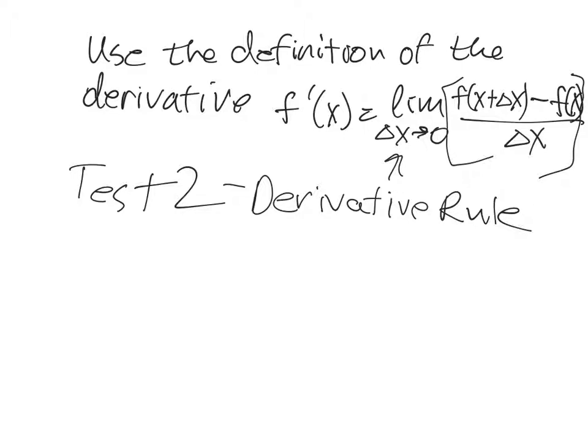Find the derivative of. Now, that could be using power rule, product rule, quotient rule, chain rule, all those different rules. And then we got into the trig derivatives. Okay, make sure you know the trig derivatives.